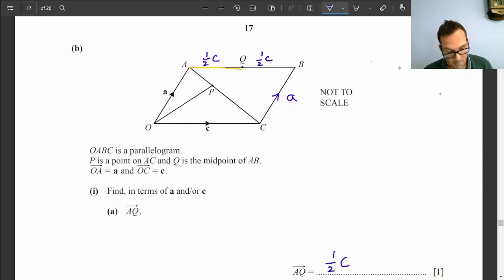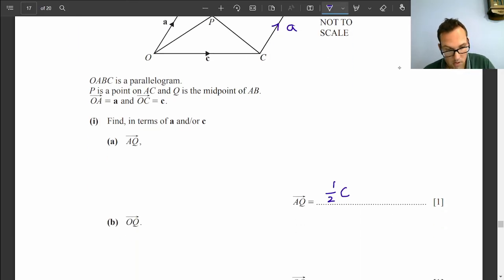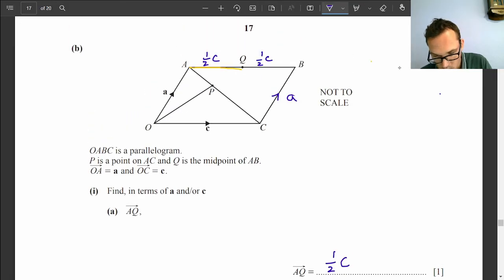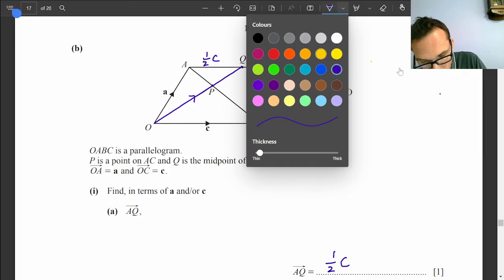Okay, next one, OQ. So OQ will be the line going from O to Q. Let's do this properly. That's the vector OQ. Let's follow a path that we know.